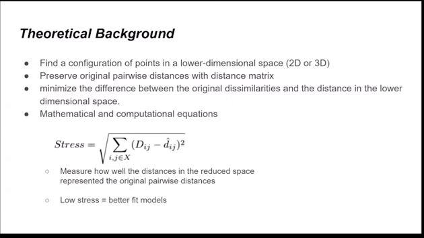To do that, we minimize the stress equation, also known as the least squares distance between the lower-dimensional and the higher-dimensional distance matrices. Usually, low stress means a better fit model.